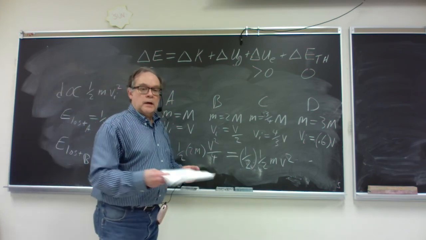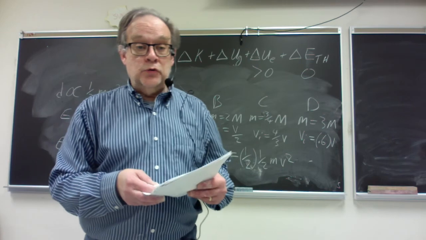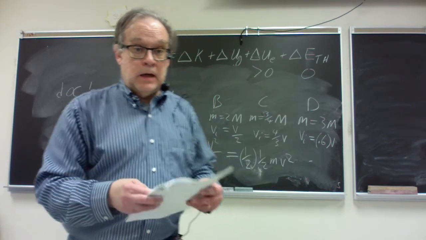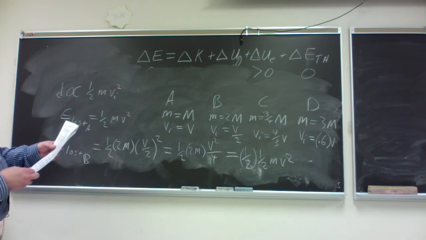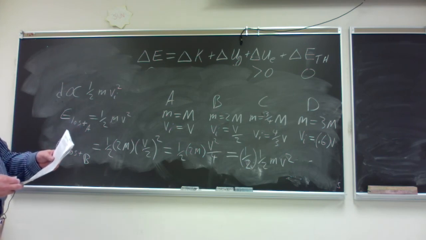I'll leave it as an exercise for you to go through the other two and see where they fall into the ranking. But if you go through all the numbers correctly, here's the ranking that you should come up with.